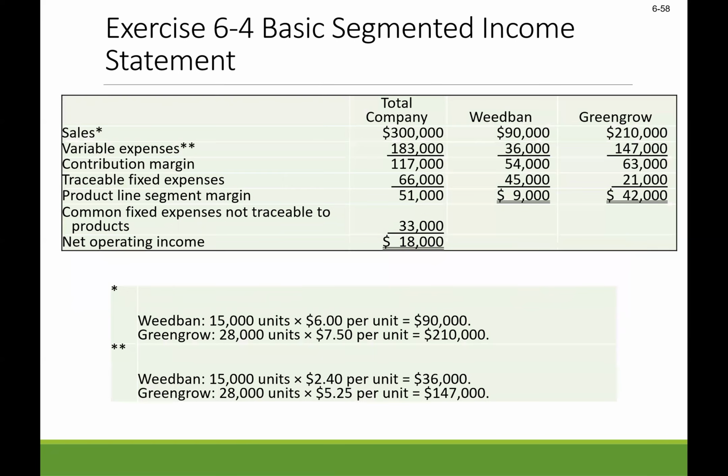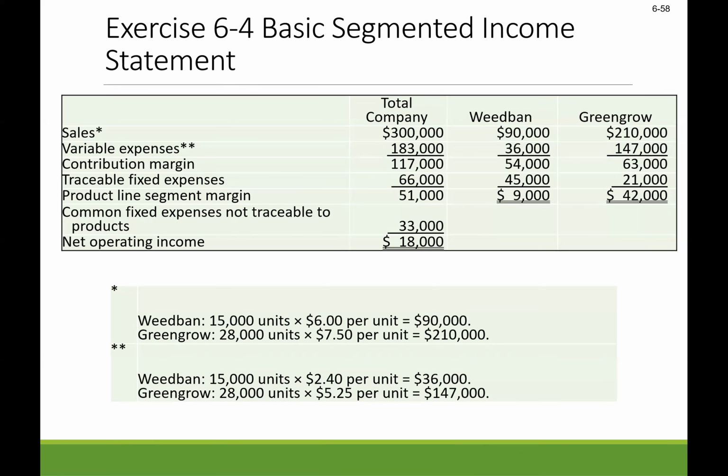So to prepare a contribution income statement, we separate out 15,000 units. At $6 a unit, sales price is 90,000. Green Grow, 28,000 units at $7.50, it's $210,000. Then we show our variable expenses, and then our contribution margin.